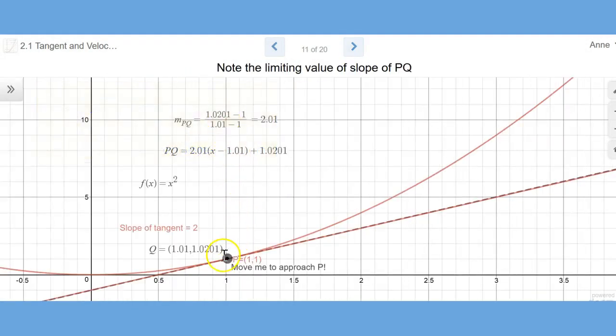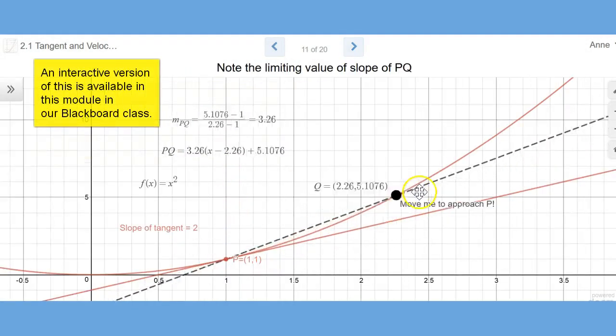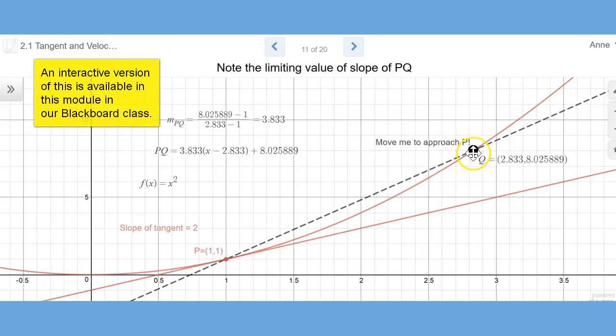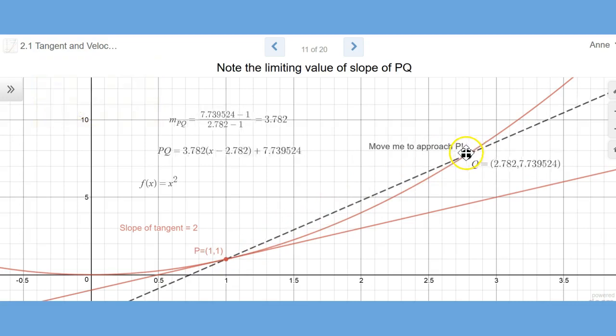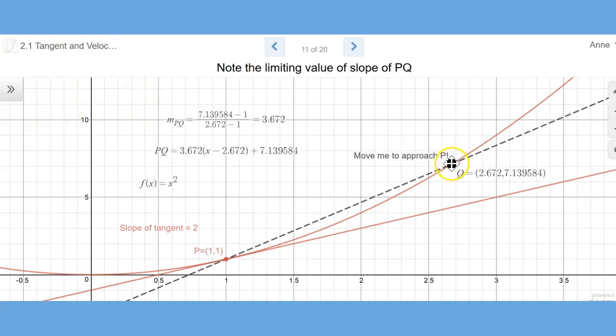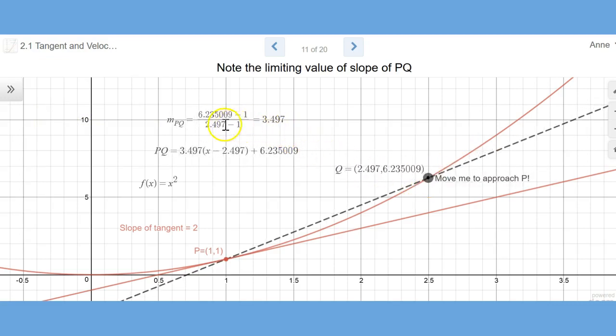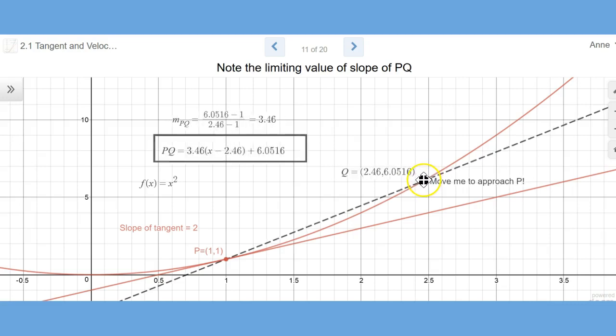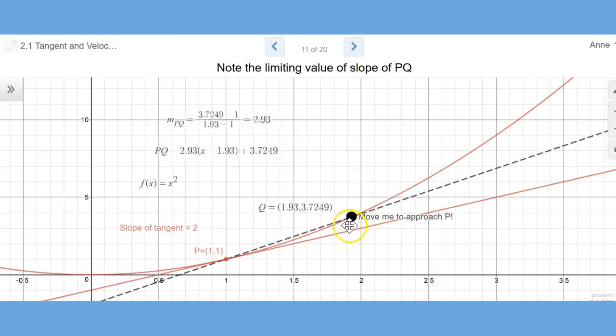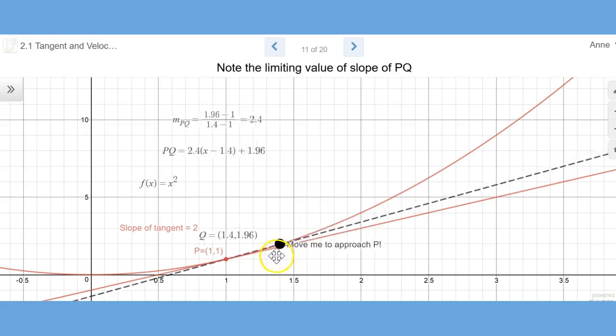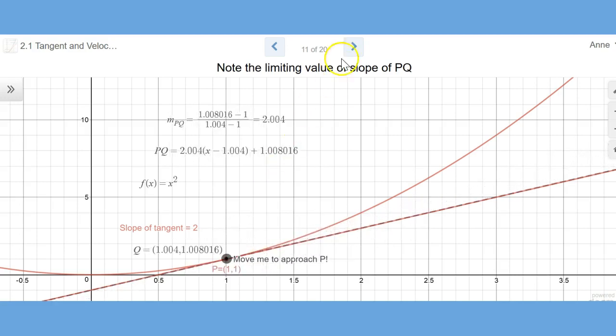If we look at this in real time, I'm going to move my point Q over here, and here's my point P, and Q is approaching P. Up here is the slope of the secant, and here is the equation of the secant as Q changes. Notice that slope is approaching the slope of the tangent, which we know is 2.